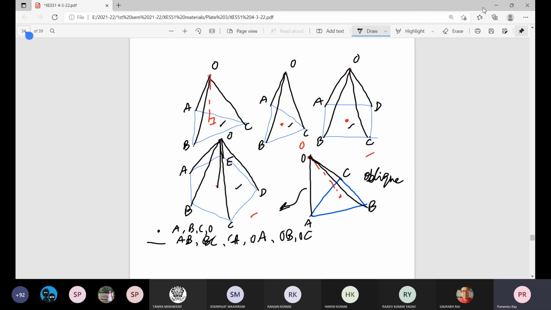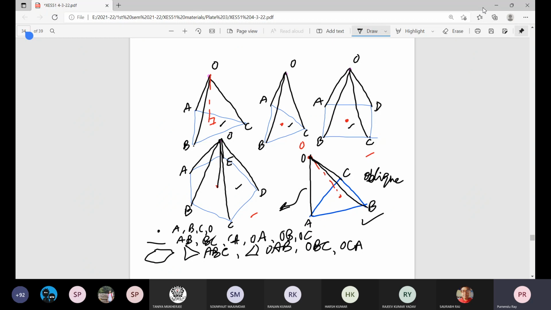How many areas are there? One triangle ABC, other triangles OAB, OBC, OCA.